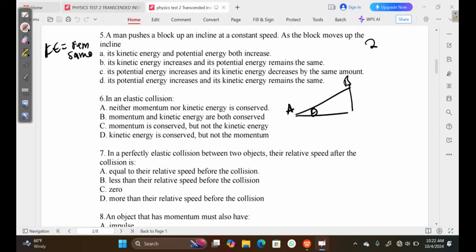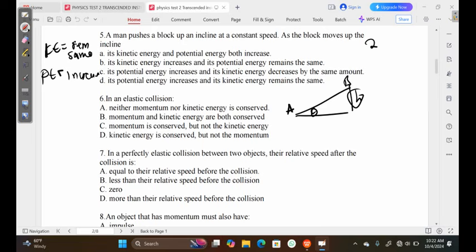What of potential energy? As you go from point A to point B, potential energy is increasing because H is now increasing. So we need to look for the answer which tells us that potential energy is increasing but kinetic energy remains the same.